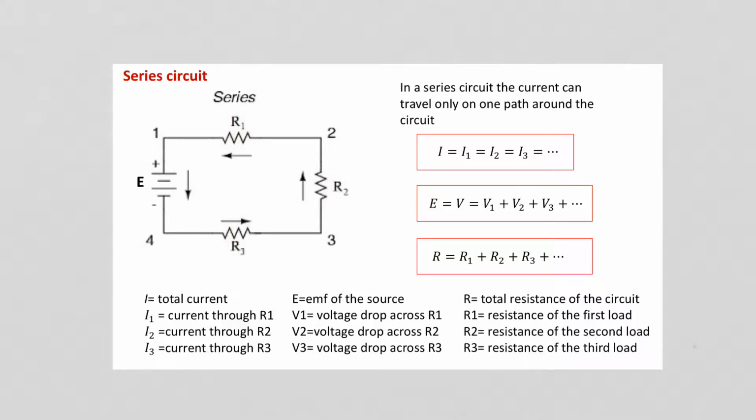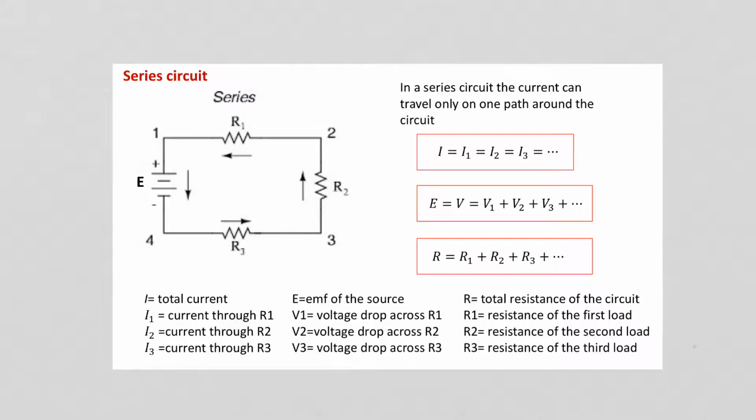So for a series circuit, the total or equivalent resistance R is calculated as the sum of the resistances of each resistor. So these relationships give us the total current in the circuit, the potential difference between the terminals of the power source, and the total resistance of the circuit. These three can be related with Ohm's law for the entire circuit.